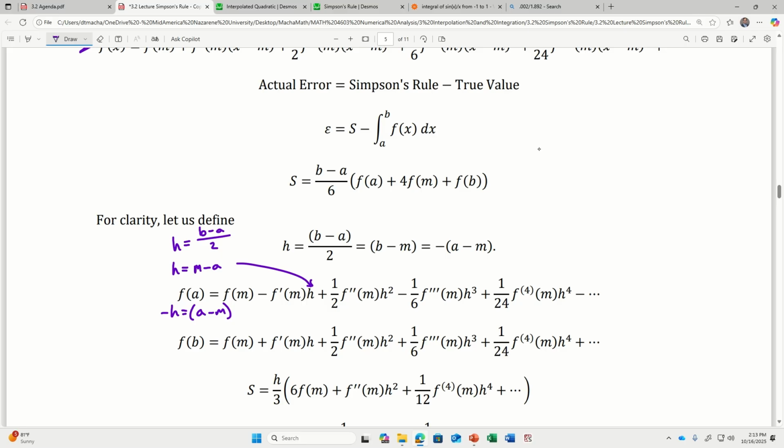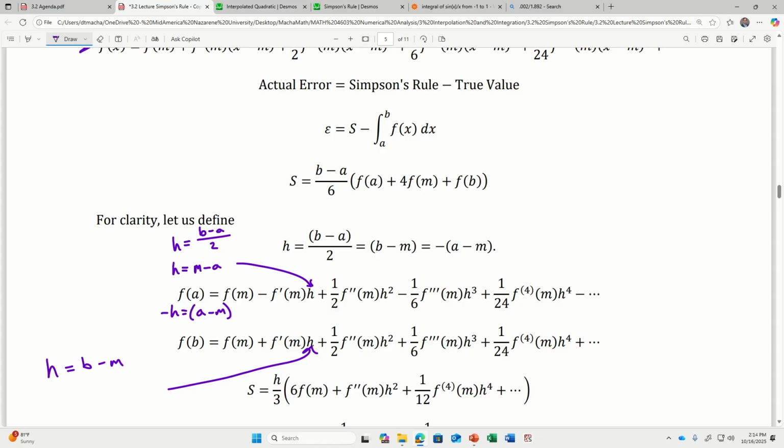So even powers, the plus or minus signs go away and you just have a plus sign. Now for f of b, I can once again use the h, because h is going to be the endpoint minus the midpoint. And that's the correct order of subtraction, and so I can use all plus signs when I write out the Taylor series for f centered at m, evaluated at b.